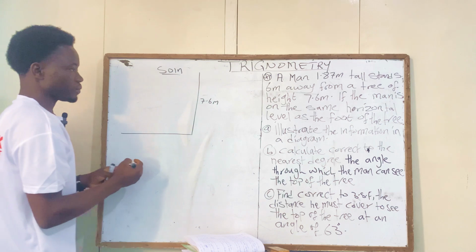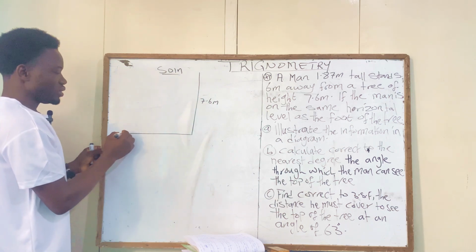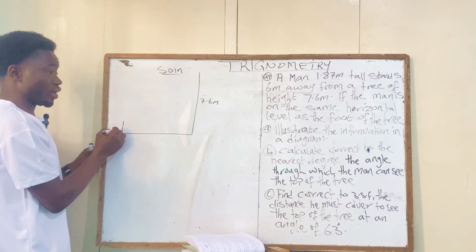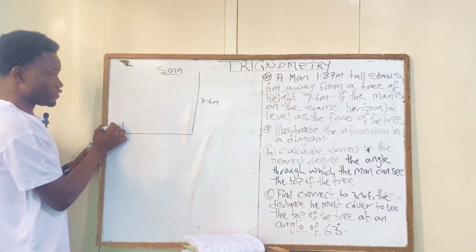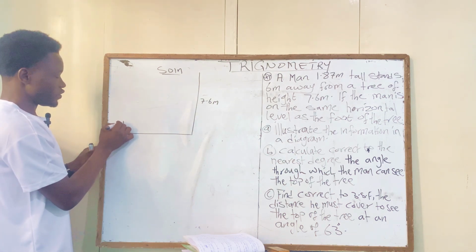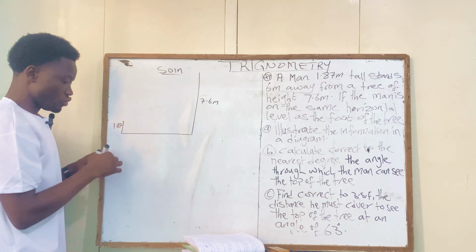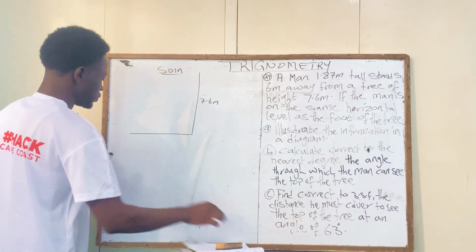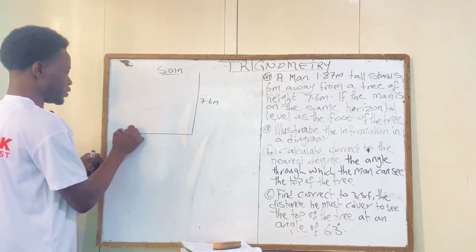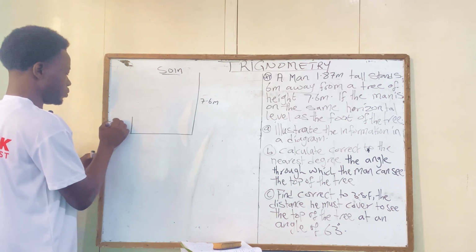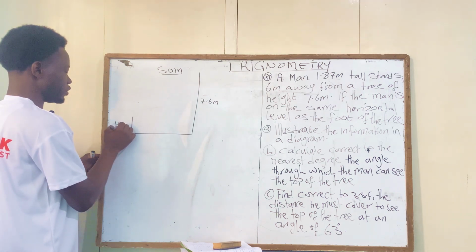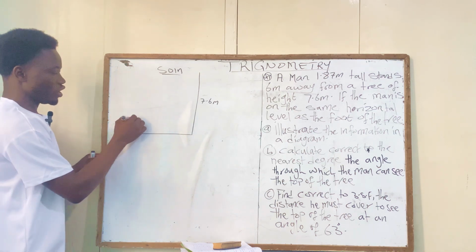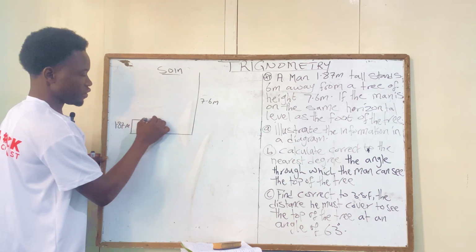Now, the man is standing on this same ground, so the height of the man may come somewhere here, and the height of the man is 1.87 meters. Okay, so let's say this is the height of the man over here.